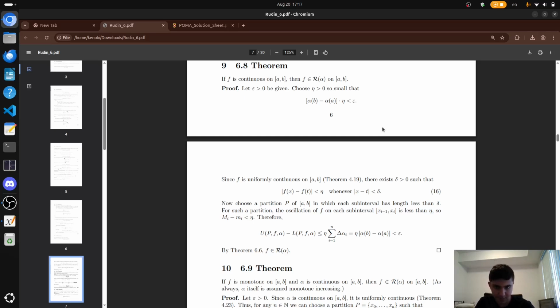The strategy here is to take the neighborhoods, the y value on the y-axis multiplied by the neighborhood on the x-axis, and say that this is less than epsilon, to show that this thing is less than epsilon.